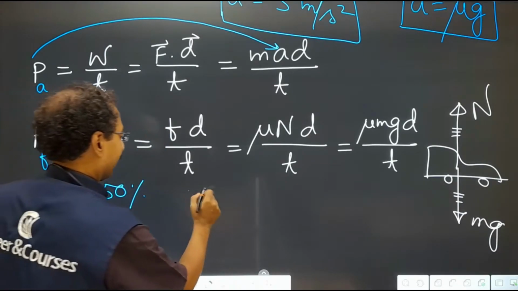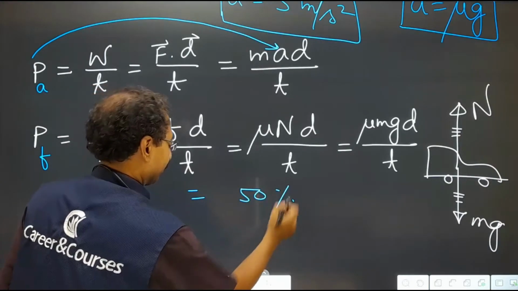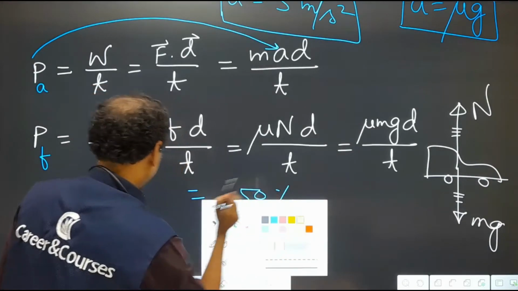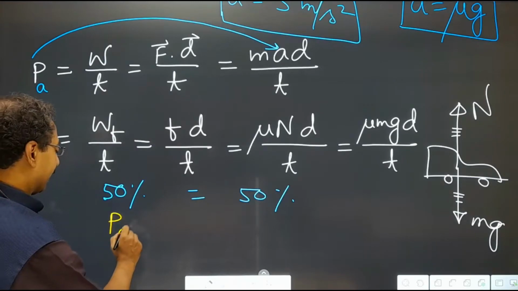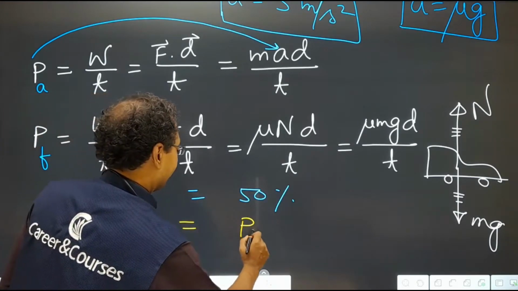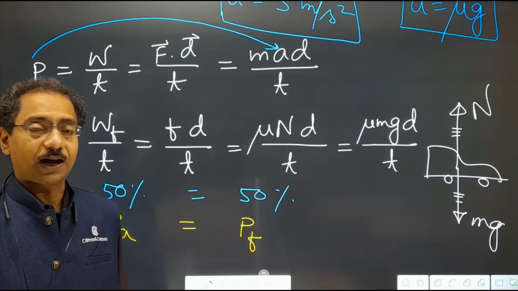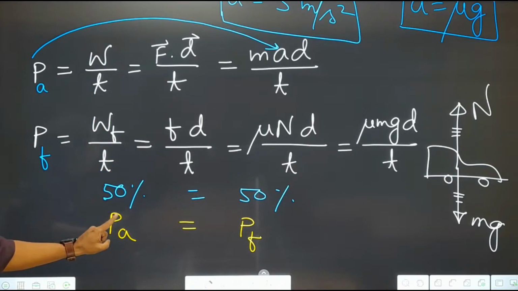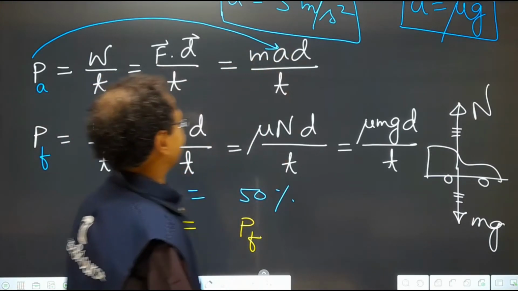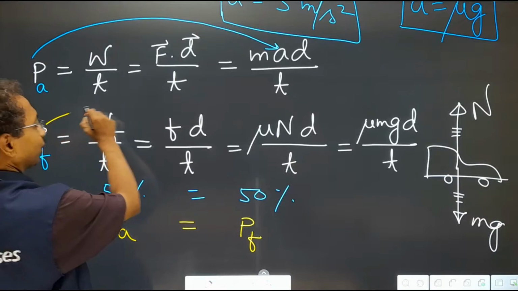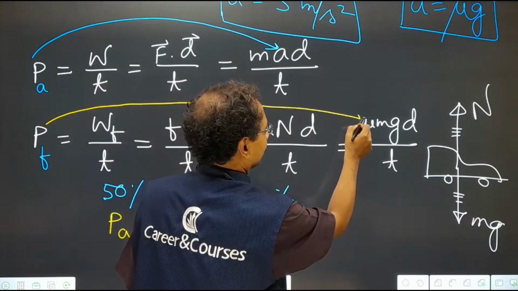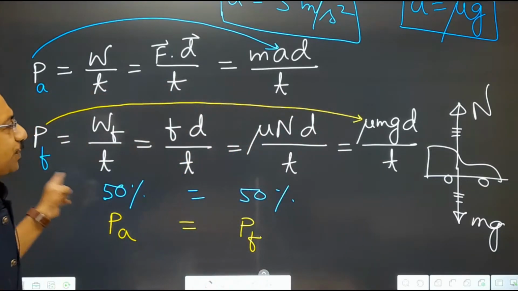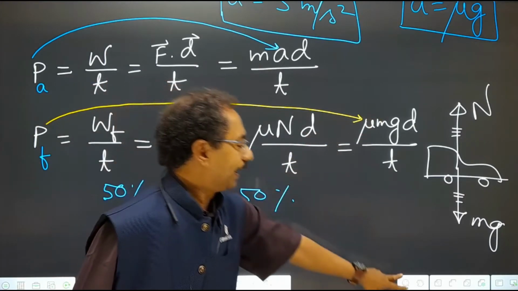50% of the power is utilized to overcome the friction, and the rest of the power is utilized to increase the velocity of the car. So from this part, the power to accelerate the car, we get PA is equal to mad by t. And the power to overcome the friction, we get PF is equal to mu mgd by t.